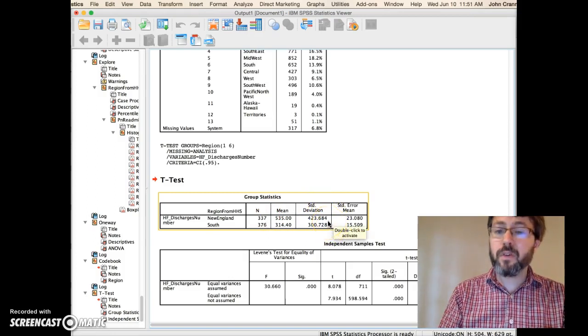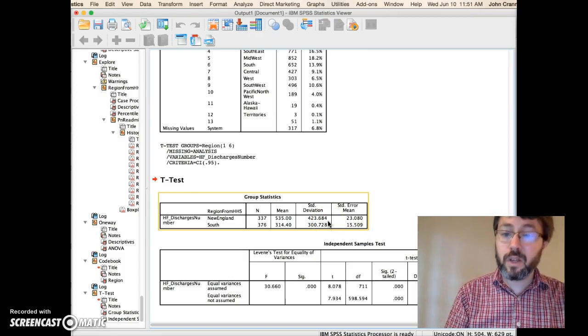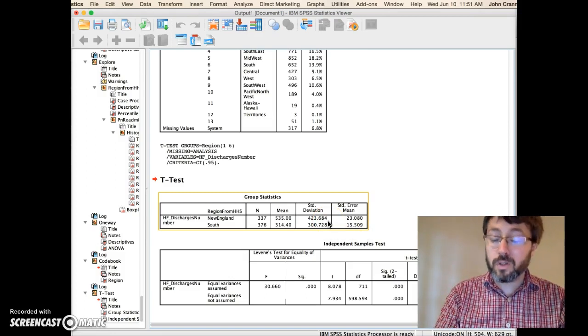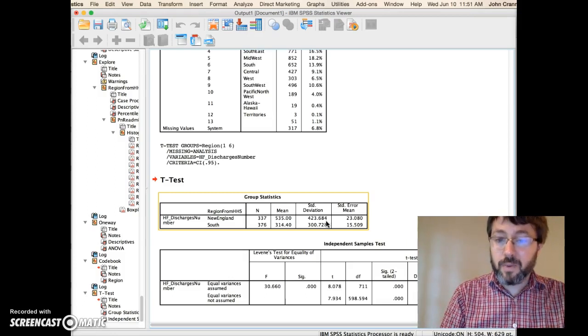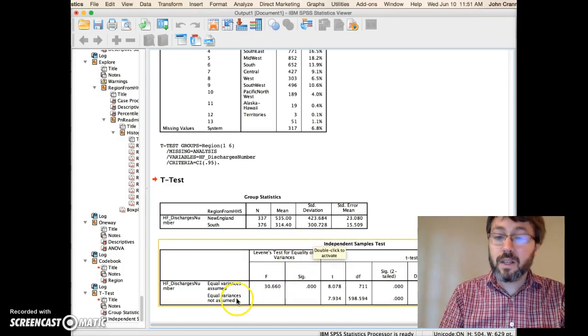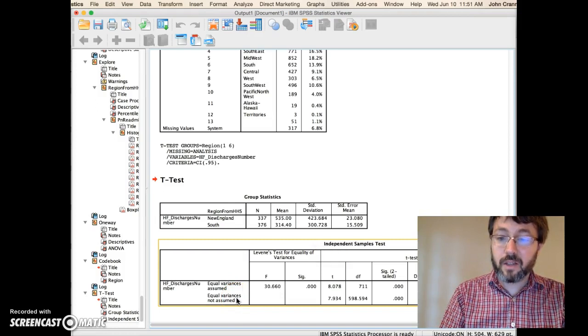So the means are different and the standard deviations are different, although the numbers are close. So we know that this would violate the assumption of the t-test for equal variance because the standard deviations are so different. So we would need to use the t-test for unequal variance, or where equal variance is not assumed.